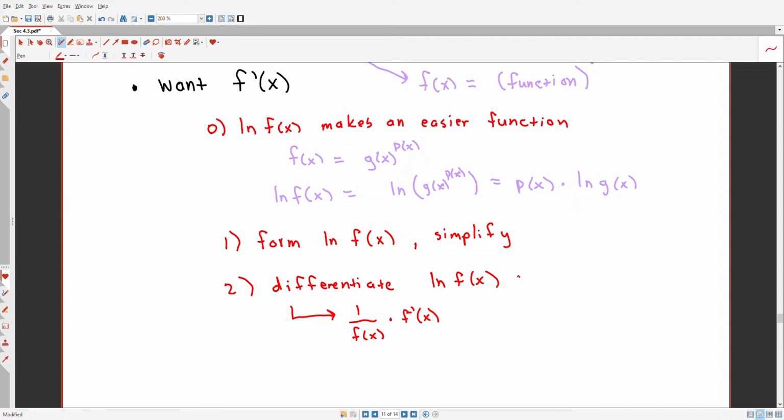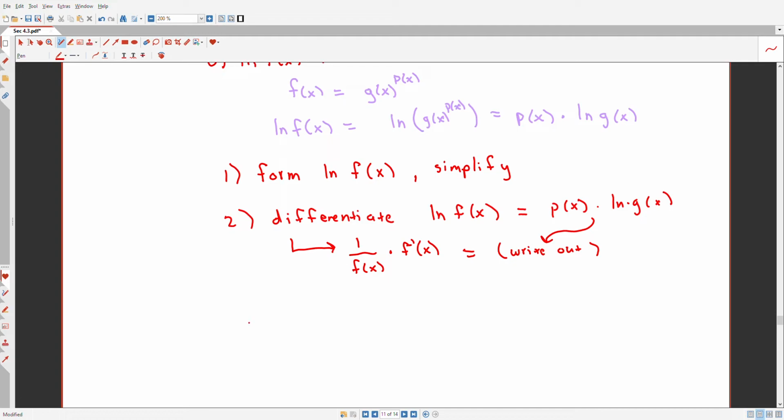However, this guy would be our power times the natural log of g of x. So I'll be able to get a formula here. So this I'll be able to write out. And then my third step is get f prime of x all alone to get an answer to my original question.